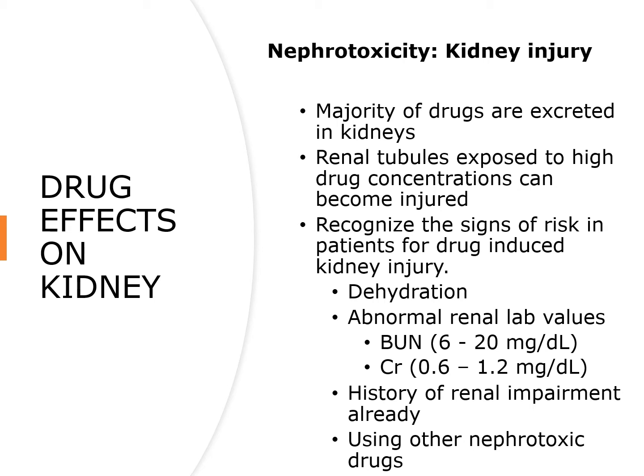If you have chronic renal failure and you're, say, down to 500,000 nephrons, and now you're being given a nephrotoxic drug, that's going to have a bigger hit on the kidneys. So we try to avoid nephrotoxic drugs in patients that already have weak kidneys.